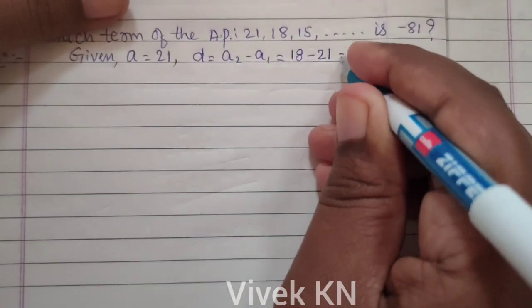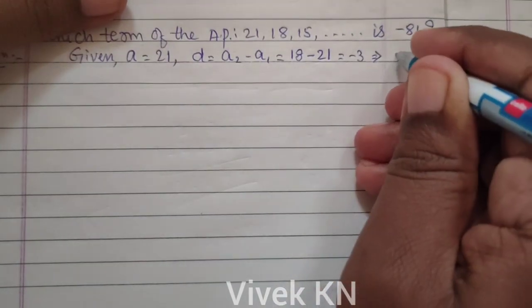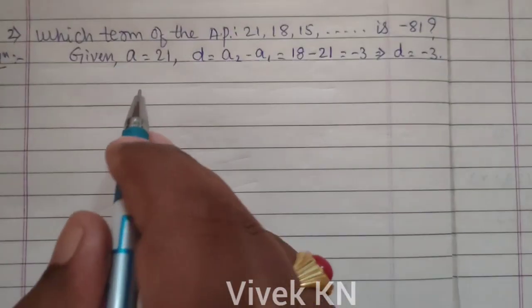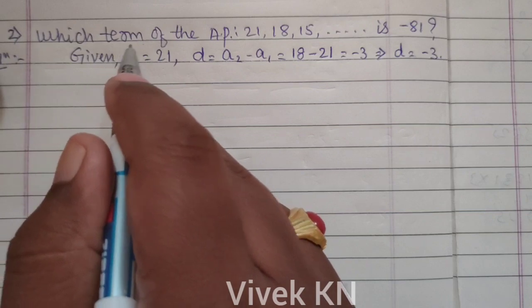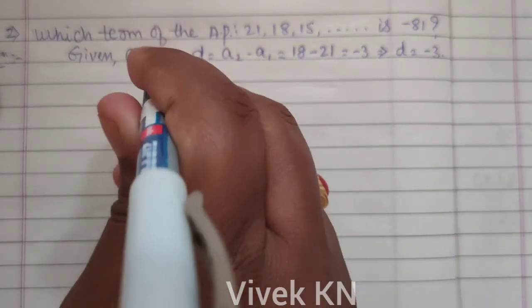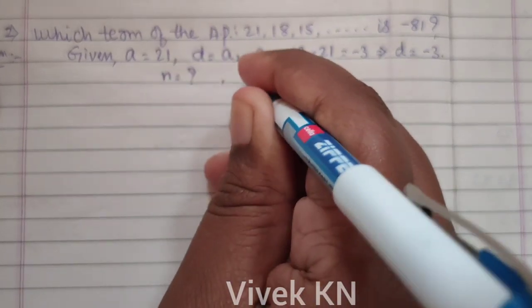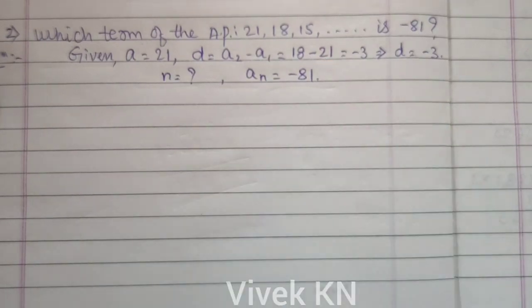Subtracting these two terms, we get minus 3. That is d is equal to minus 3. We have to find which term of the AP, that is n is equal to question mark, and they have also given an is equal to minus 81.